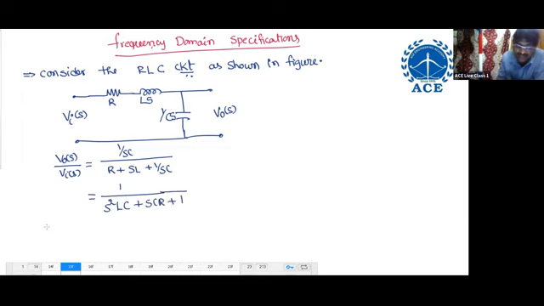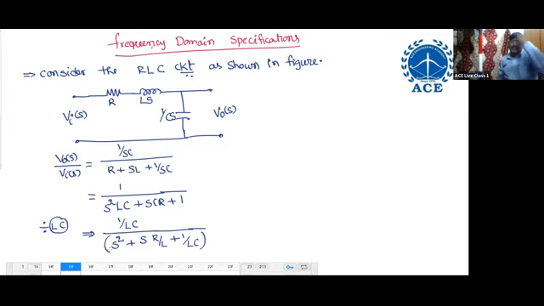Now divide numerator and denominator by LC. Then what will I get? 1 by LC divided by S square plus S into R by L plus 1 by LC.